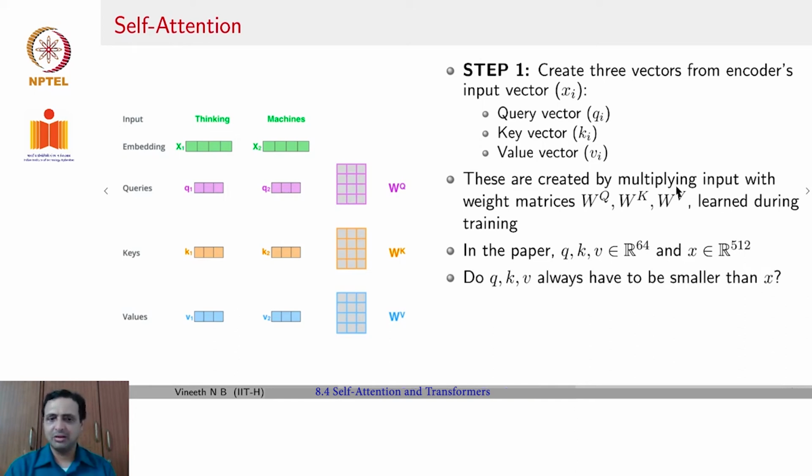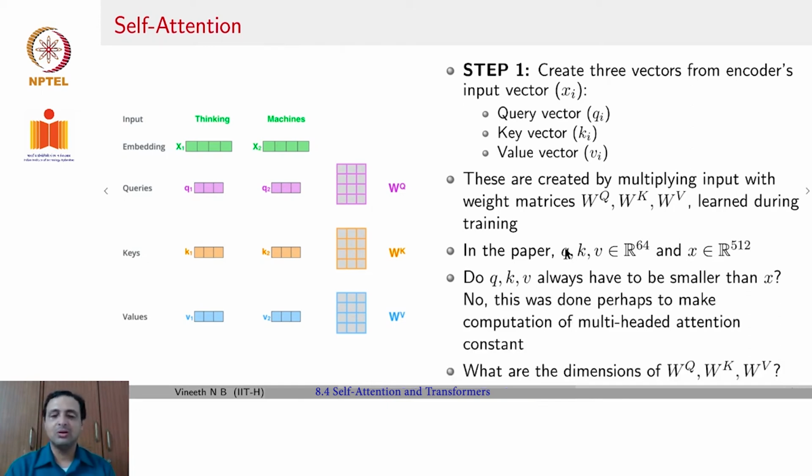One question here, does q, k, v always have to be smaller than x? In this case, you see that x is 512-dimensional, q, k, and v are 64-dimensional. Does this always have to be the case for transformers to work? The answer is no. This was perhaps done in this work to make computation of multi-headed attention constant.